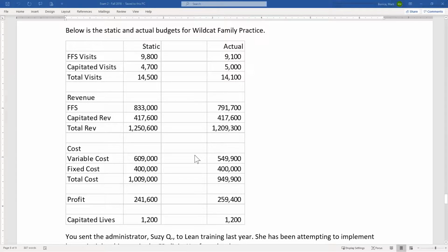Okay, so what we care about here is the capitated revenue, which was 417,600, as well as the capitated lives.